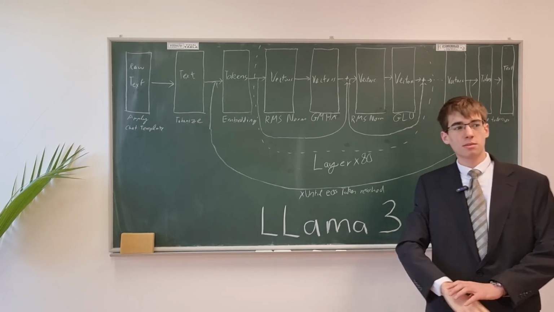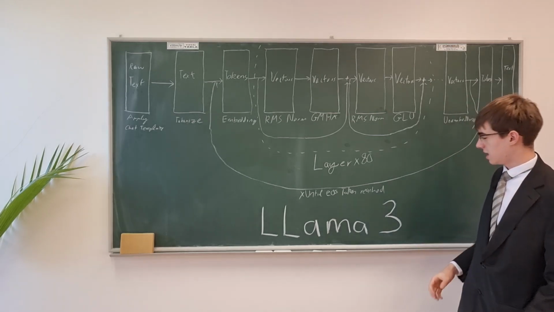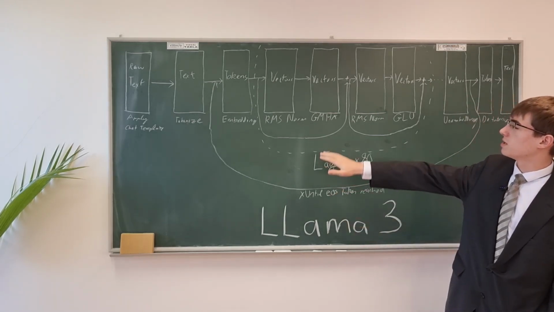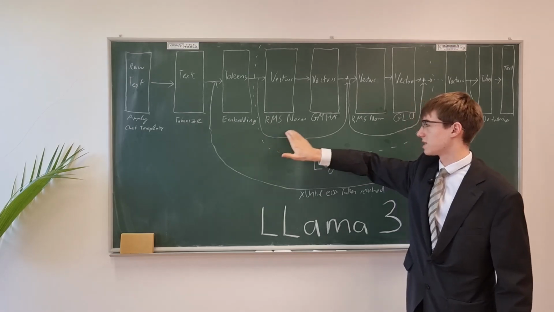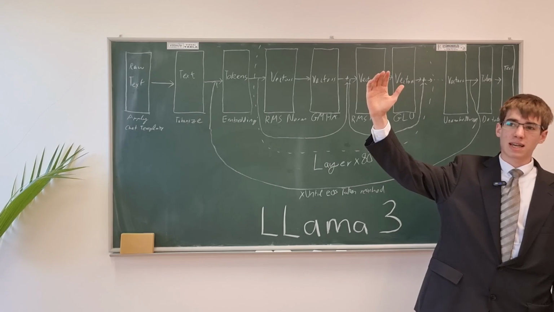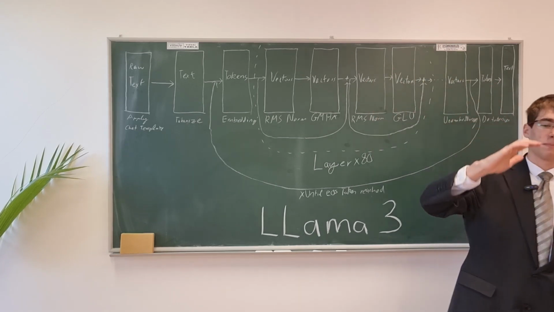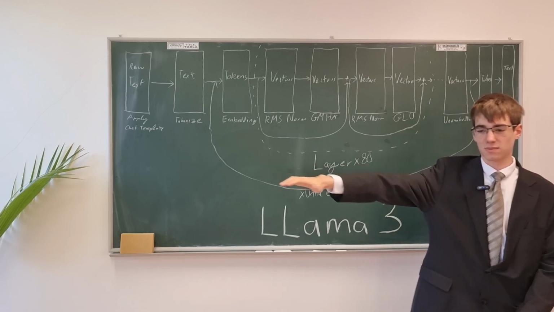And in machine learning, there are multiple different ways of doing this. In Llama 3, we use a specific type of normalization called root mean squared normalization. What this means is, yes, we adjust the vector's length down so that it's the same length as all the other vectors.